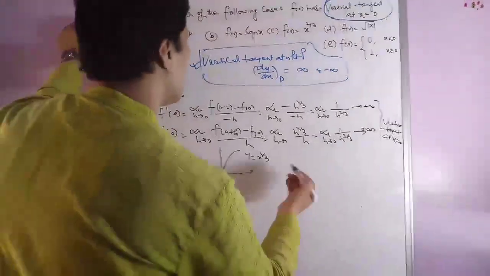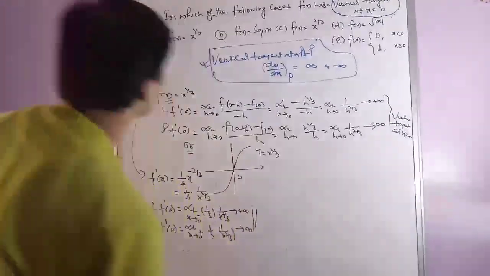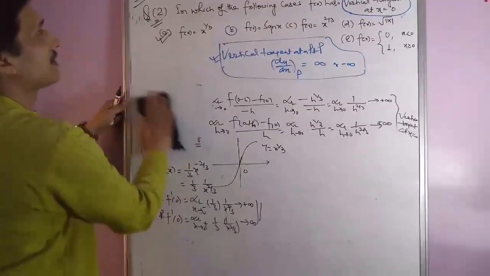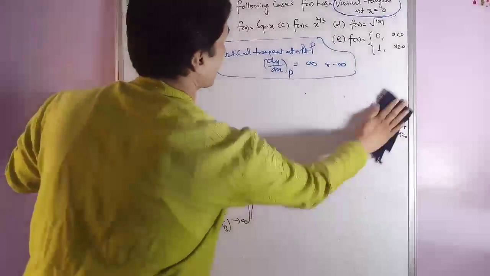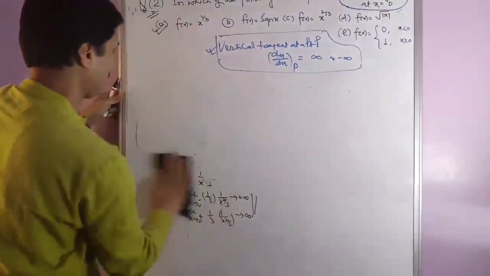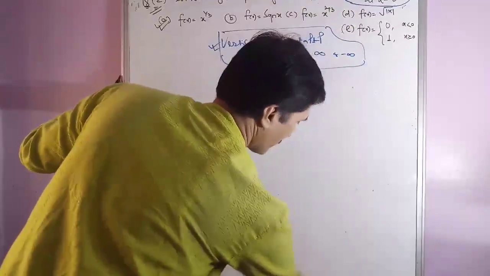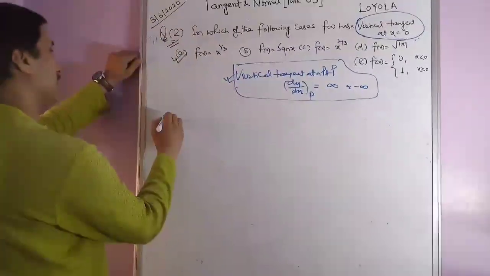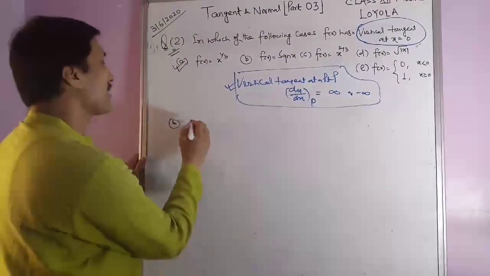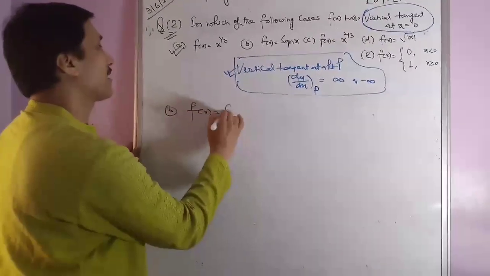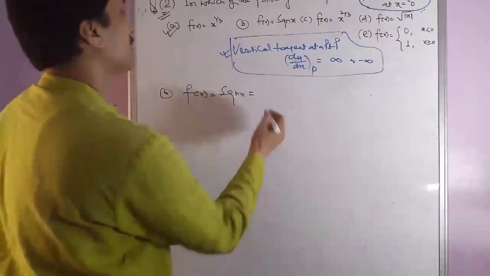Now we take the second one, signum function. Signum function, f x equal to sgn x.